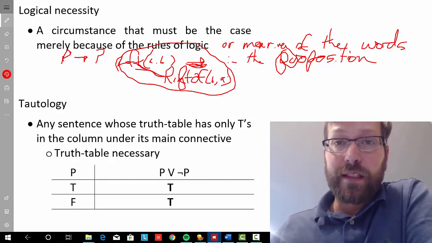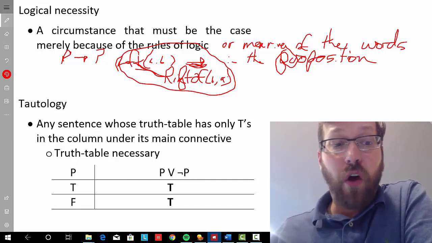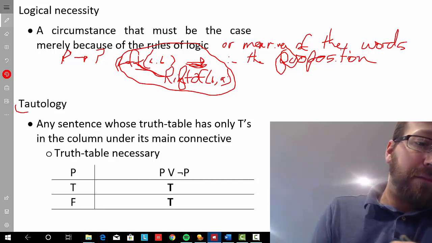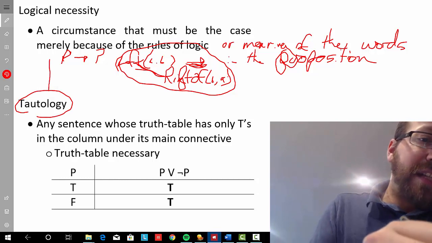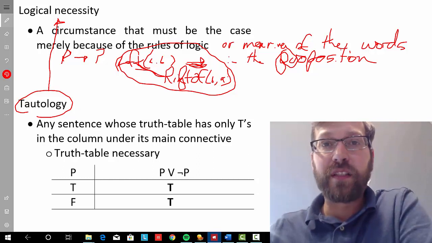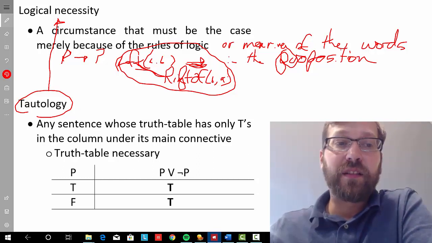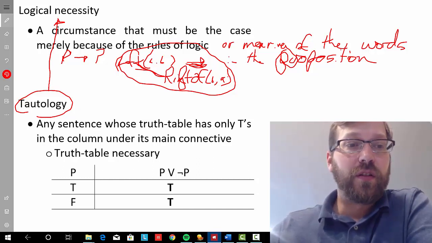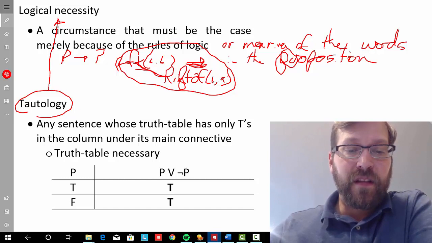So those are logical necessities. Those are logical truths. Tautologies are a subset of logical truths. They're a subset of logical necessities. So some things will turn out to be logical necessities that aren't tautologies, but all tautologies will be logical necessities.